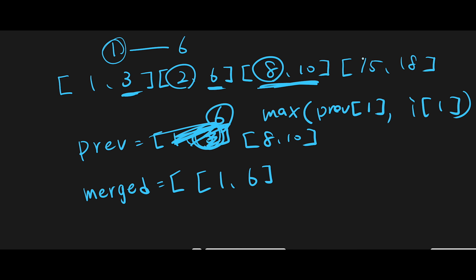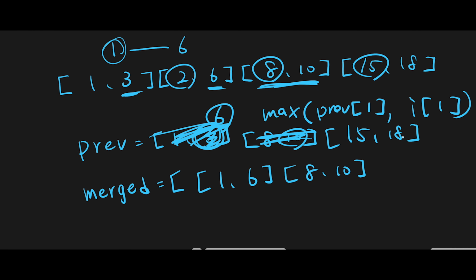And then move to the next one. With the same thing, compare the starting time with the ending time in the previous interval: 15 versus 10. They are not overlapping, so we append 8, 10 to merged. Then the previous interval should be 15, 18, so we update it with 15, 18.